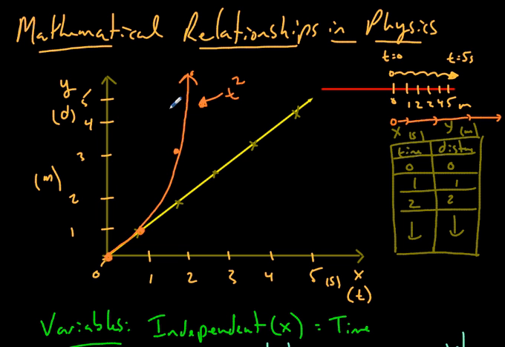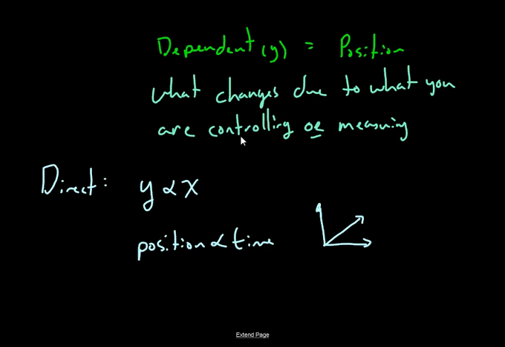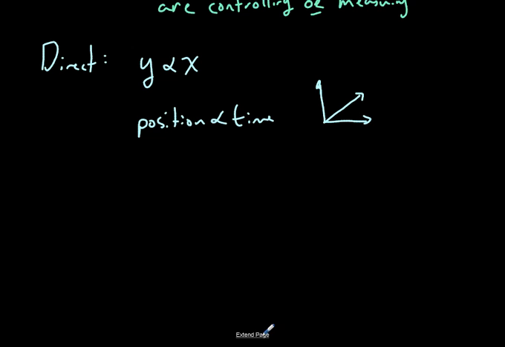So if you increase the amount of time by 2, you're going to end up going 4 times farther than if you were doing a linear relationship, okay? So this can be called, it's hard for me to name it, I guess exponential is probably the best word for that.